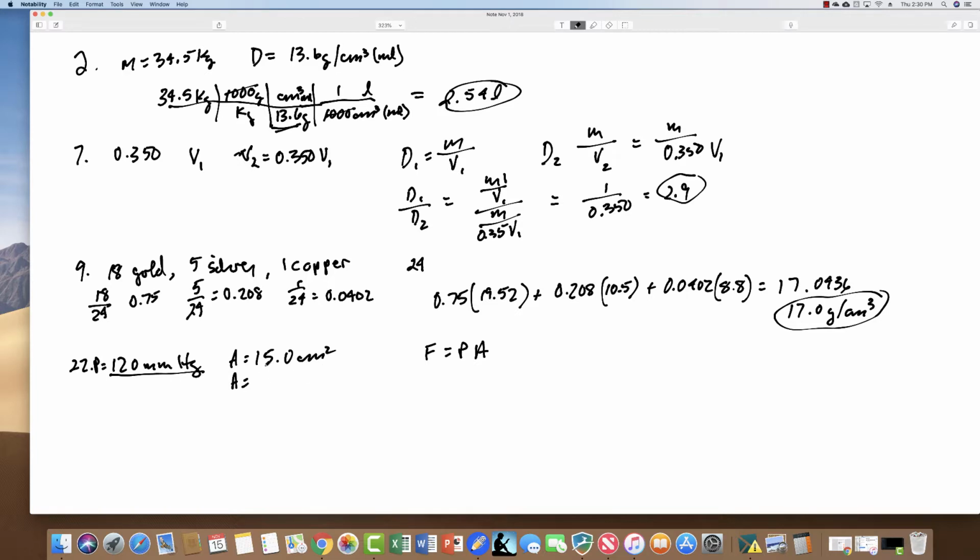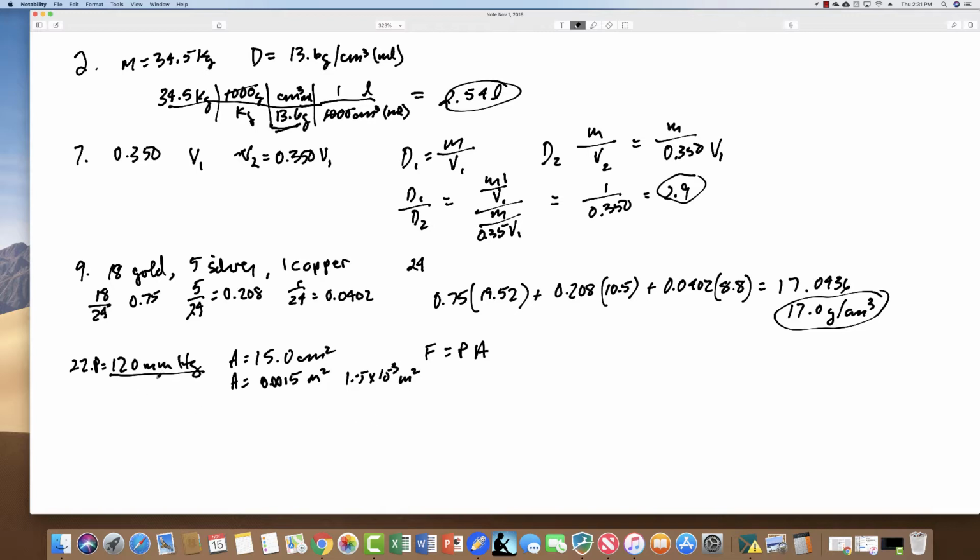So I changed this to square meters. If you divide 15 by 100, then divide it by 100 again, this area is equal to 0.0015 meters squared, or 1.5 times 10 to the minus 3 meters squared.